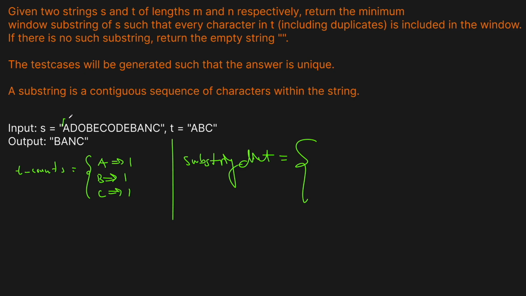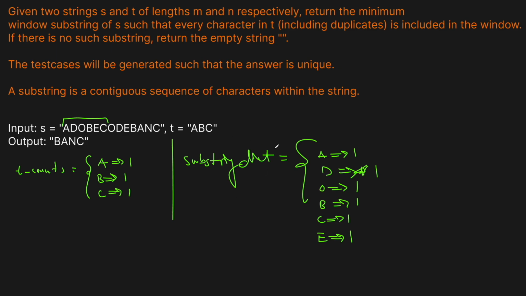So in our original example, if we had this substring, there would be 1 A, 1 D, 1 O, 1 B, and there would be a C and also an E. So this dictionary is just going to keep track of the current characters that we have in our substring.